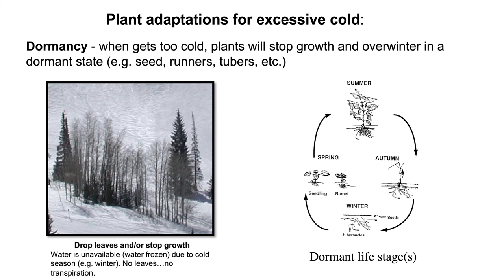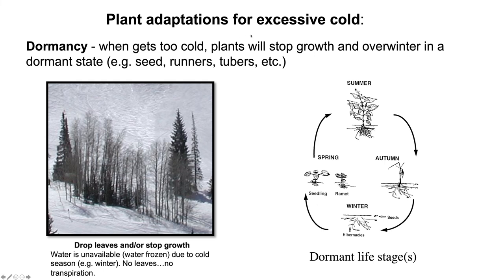So if you get rid of the leaves, you don't have to worry about sucking a bunch of water up into the leaves on times when it's warm enough to do that, and then the plants can actually have that water freeze inside the branches, and that can be really bad for the plant. And so they'll go into this dormant state where they won't grow and they don't have to have access to water, and they can survive those lower temperatures.